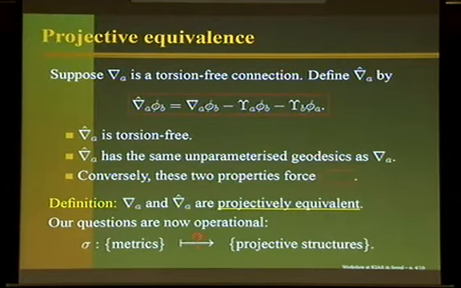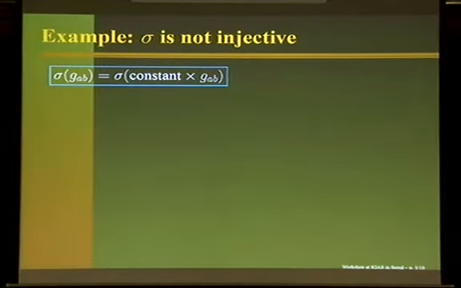Sigma is written out explicitly by saying it's the formula for how you get the Levi-Civita connection from the metric on the previous slide, plus this equivalence relation. That's the question, and usually I'll be doing this for surfaces. First of all, sigma is not injective.